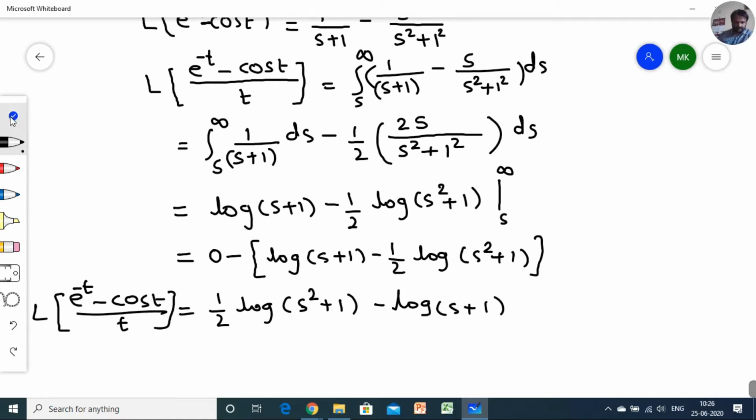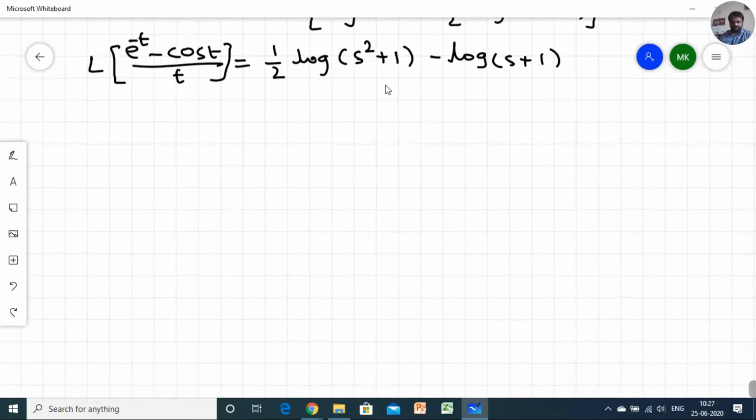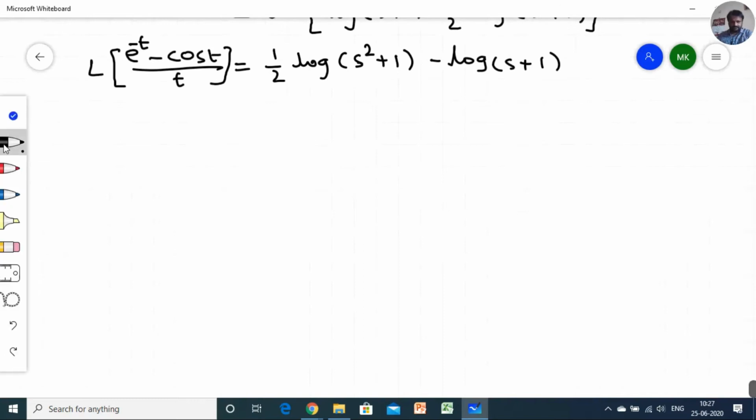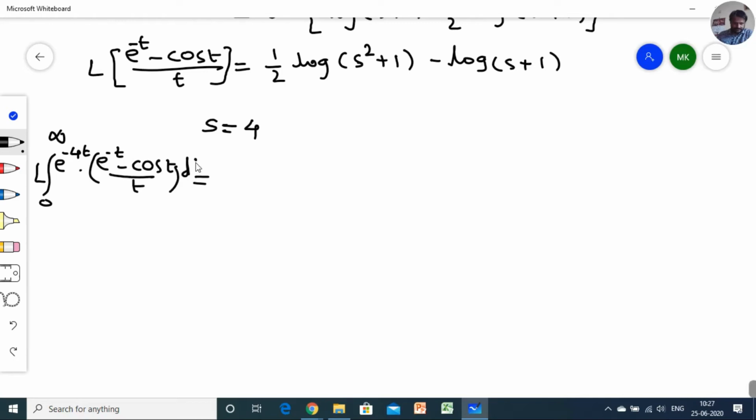Now again we have to use the same concept, that is we just put the value of s here, so you will get the result. The s is equal to 4, given earlier, so s equal to 4 you have to substitute here. So while substituting, I will write the integral 0 to infinity e raised to minus 4t into e raised to minus t minus cos of t divided by t into dt.